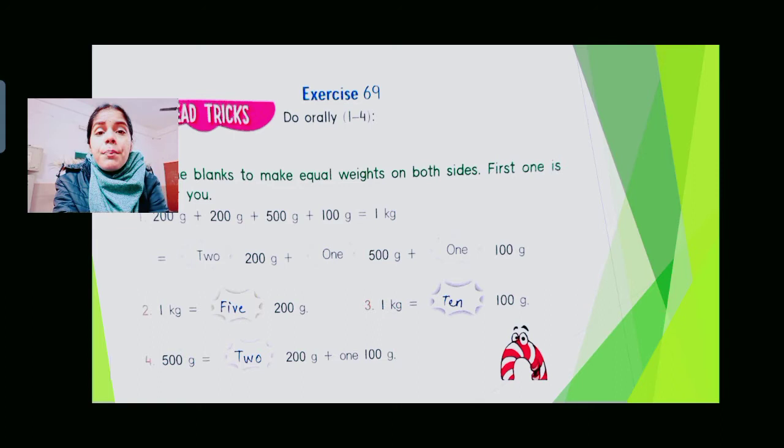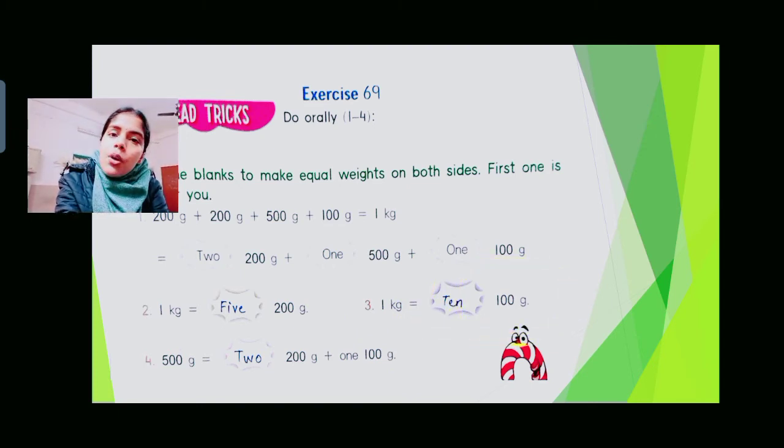Now see part number 2. That is 1 kg is equal to 200 gram. How many 200 gram will we need to convert this into 1000 gram, to convert this into 1 kg? That will be 5, we will need 5 of 200 gram to complete 1 kg. Now coming to the third portion, 1 kg is equal to how many 100 gram will we require?